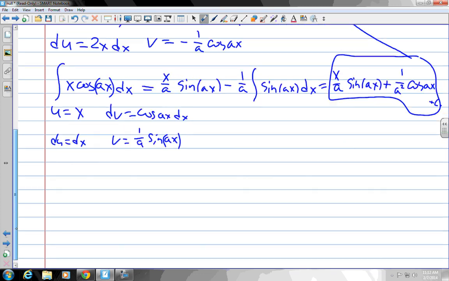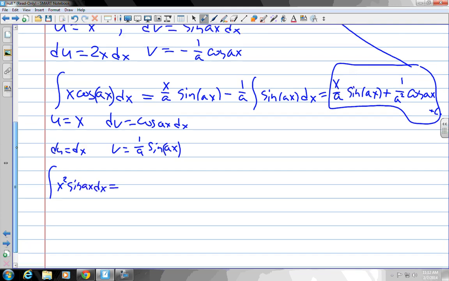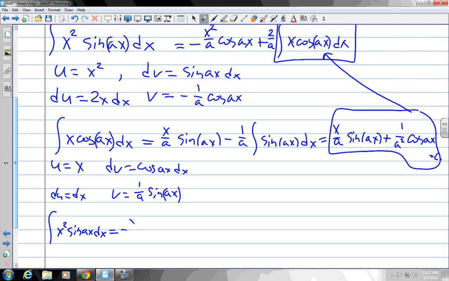So then our answer, the integral of x squared sine of ax dx equals negative x squared over a cosine ax plus 2 over a times all this, the thing in the box, x over a sine of ax plus 1 over a squared cosine of ax, and just again, plus c somewhere.